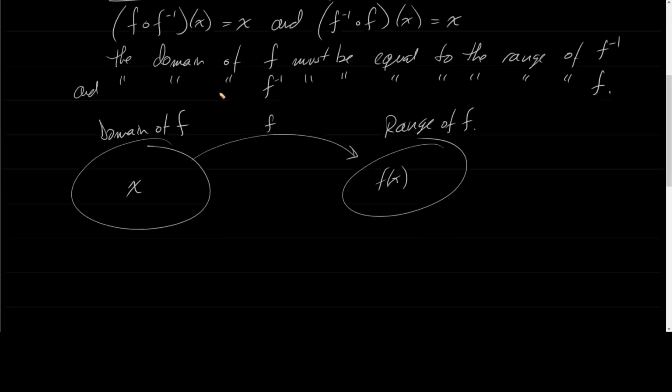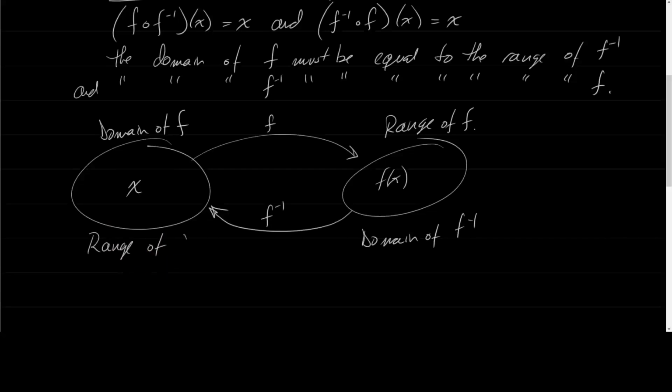But since the domain of f must be equal to the range of f inverse, and also the domain of f inverse must be equal to the range of f, we can say that over here, this is the domain of f inverse, and we go back this way using the function f inverse into our actual output of x. Over here, this would be the range of f inverse.